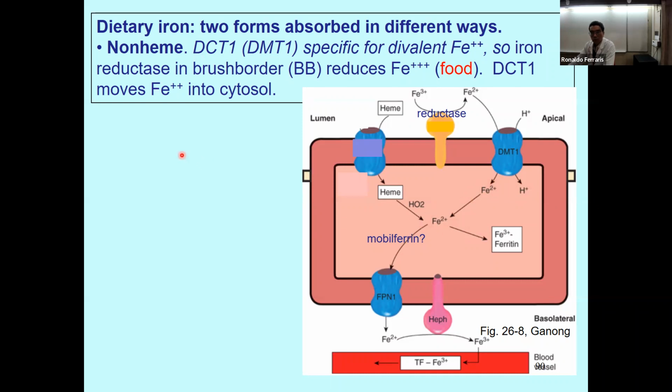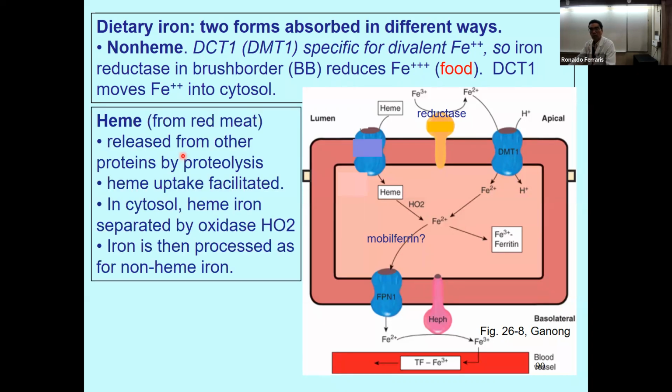What about the heme iron? So heme is from red meat, and it's released from these other proteins by proteolytic reactions. So there is a heme transporter in the apical membrane. This heme transporter basically absorbs heme intact from the intestinal lumen through the apical bilayer and into the cytosol.